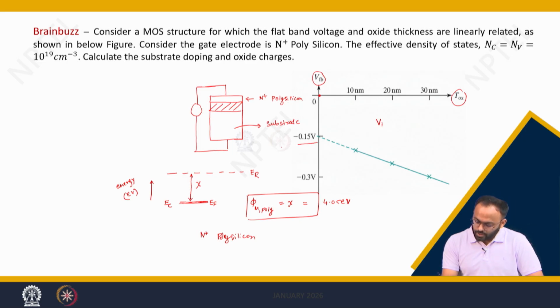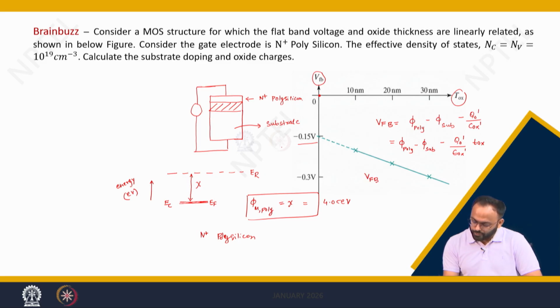If we go through the equation, flat band voltage is equal to phi poly minus phi of substrate minus Q naught prime divided by COX prime. This COX prime can be written as epsilon OX prime divided by Tox.